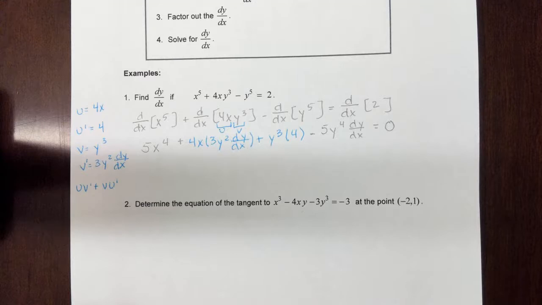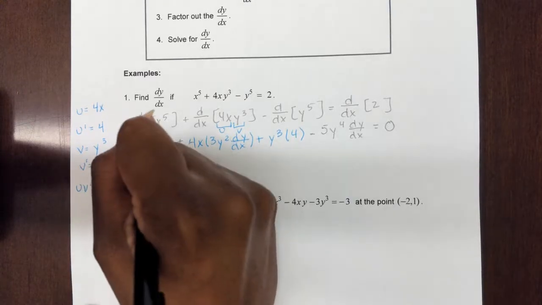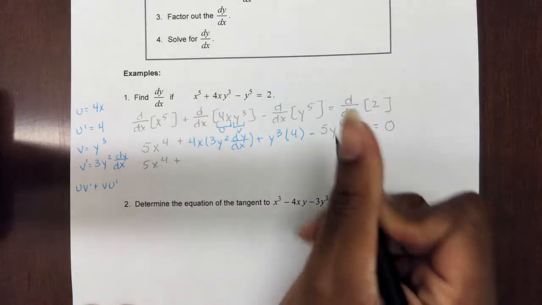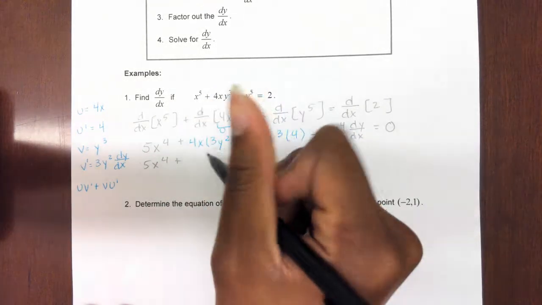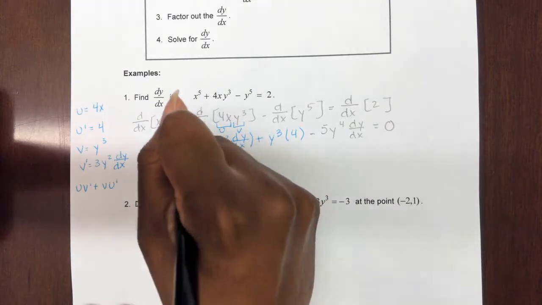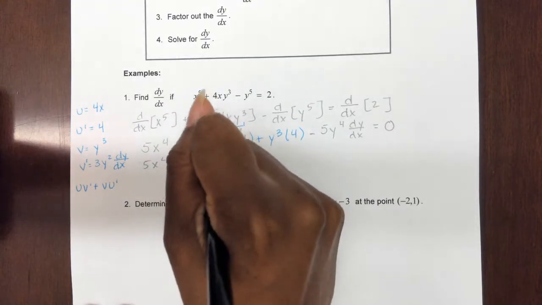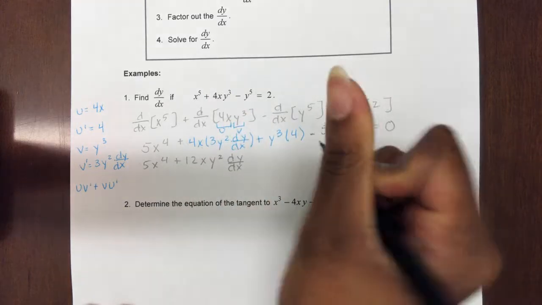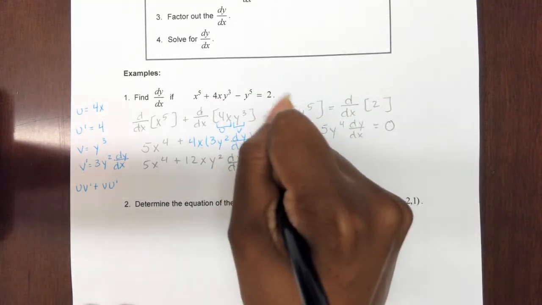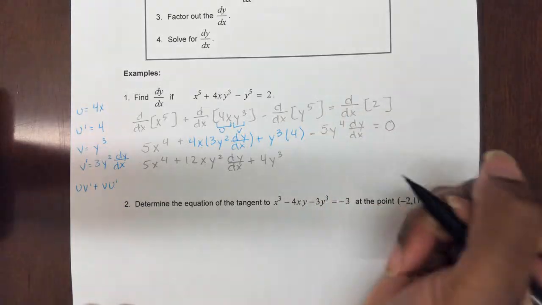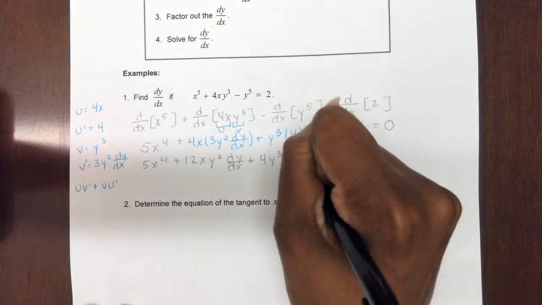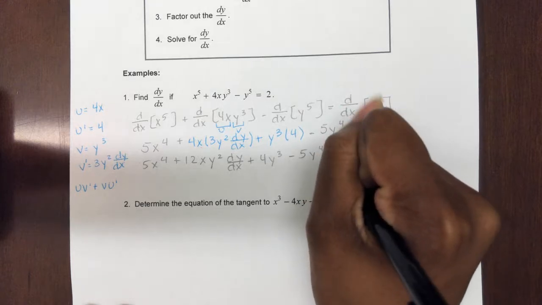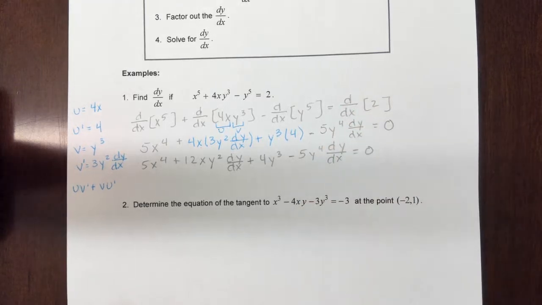Now to simplify everything, we have 5x to the fourth plus, we can multiply these, so we have 12xy squared dy/dx plus 4y cubed minus 5y to the fourth dy/dx equals 0.